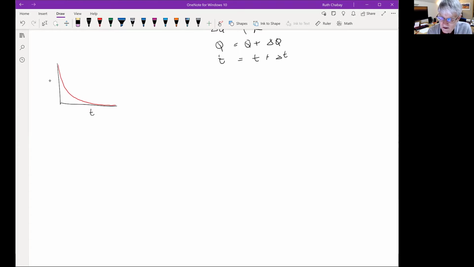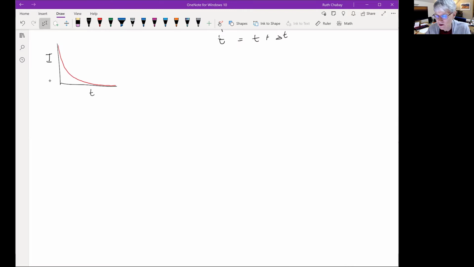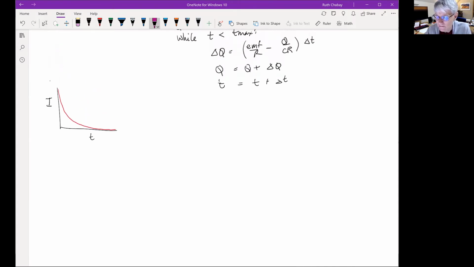Does that suggest a function to you? It does indeed. Derek is right. It really does look like an exponential, and exponentials turn out to be the function that characterizes many physical processes and biological processes too. So let's guess. Guessing is actually a legitimate way to solve differential equations, that the current is going to be some sort of exponential.